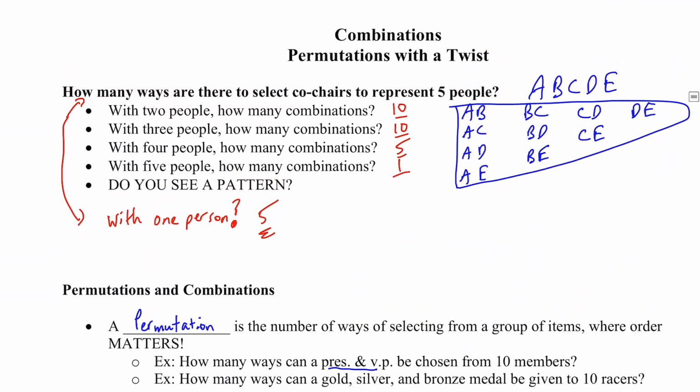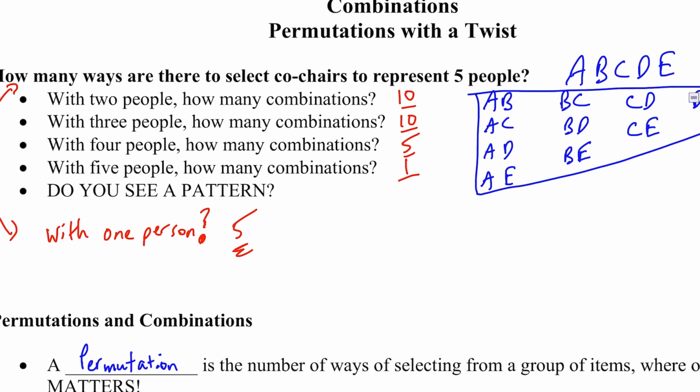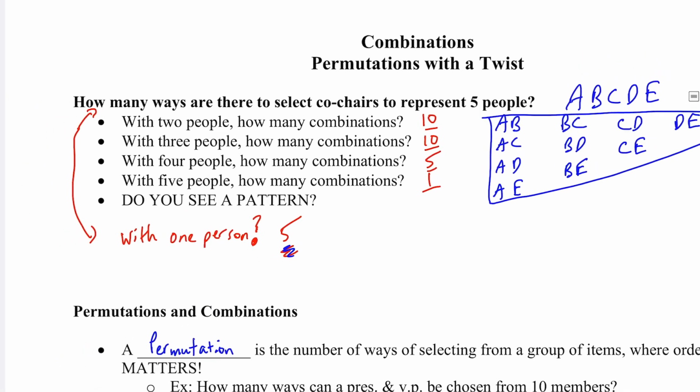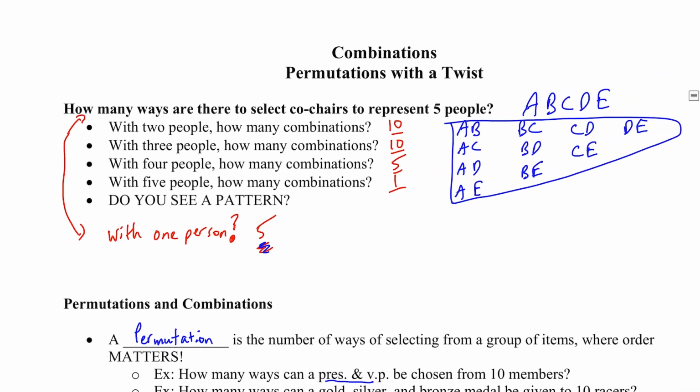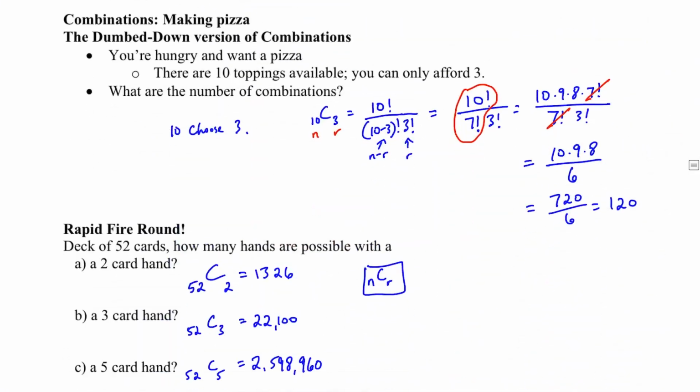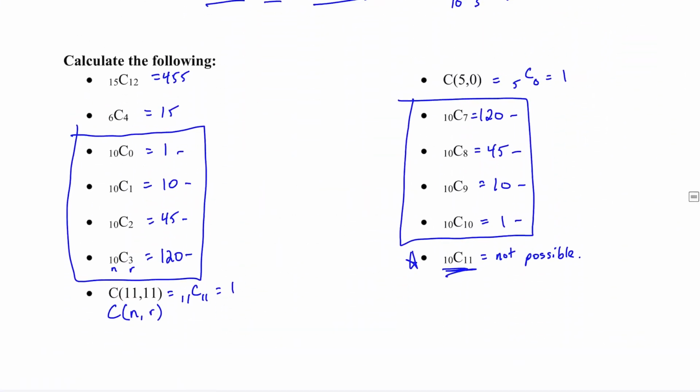And did you happen to notice a symmetry as well when we were looking at this question here? Started at 5, and then it went to 10, 10, 5, 1. Do you notice where that might come from? Well, that's Pascal's triangle, isn't it? So if you look at Pascal's triangle, you will see that, I'll put it down here, this note, the n choose r, this is my row number in Pascal's triangle, and this is my position number.